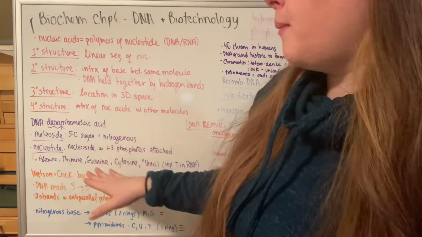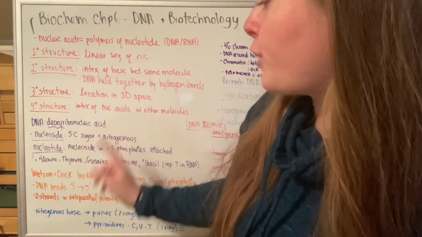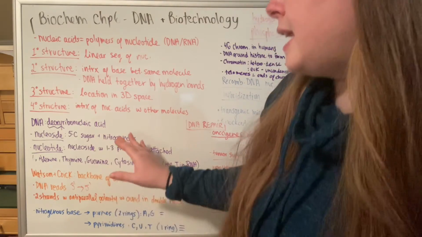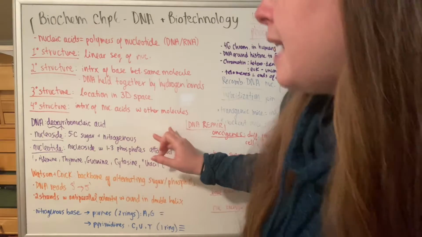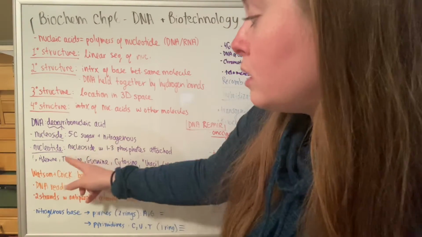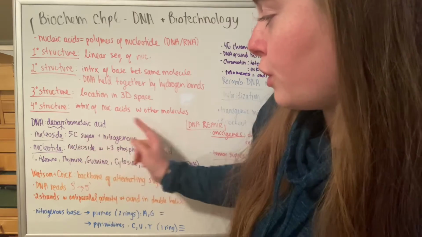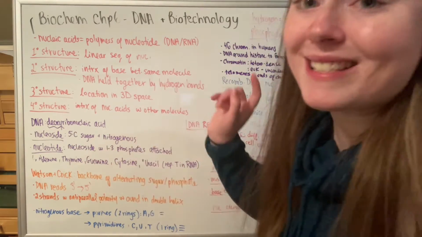So in DNA, we have a nucleoside, which is a 5-carbon sugar and a nitrogenous base. Okay, and a nucleotide is a nucleoside, so our 5-carbon sugar and a nitrogenous base, with phosphates attached.